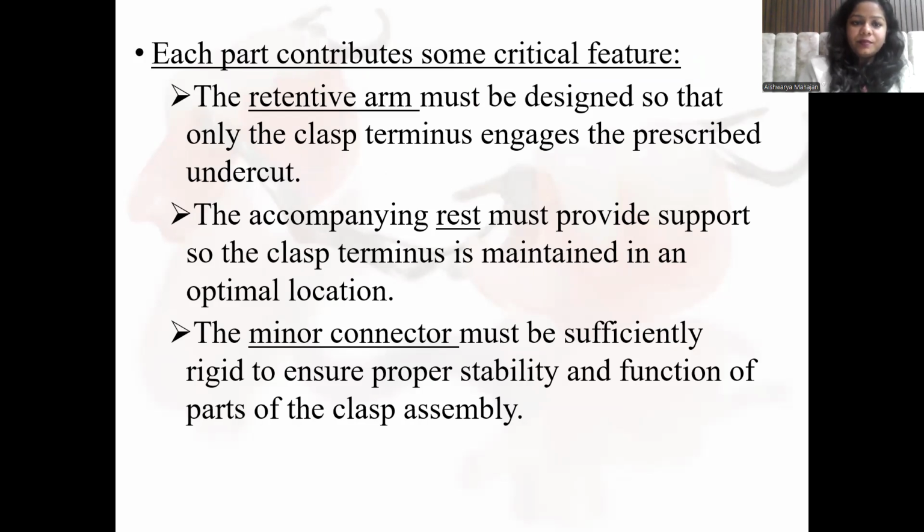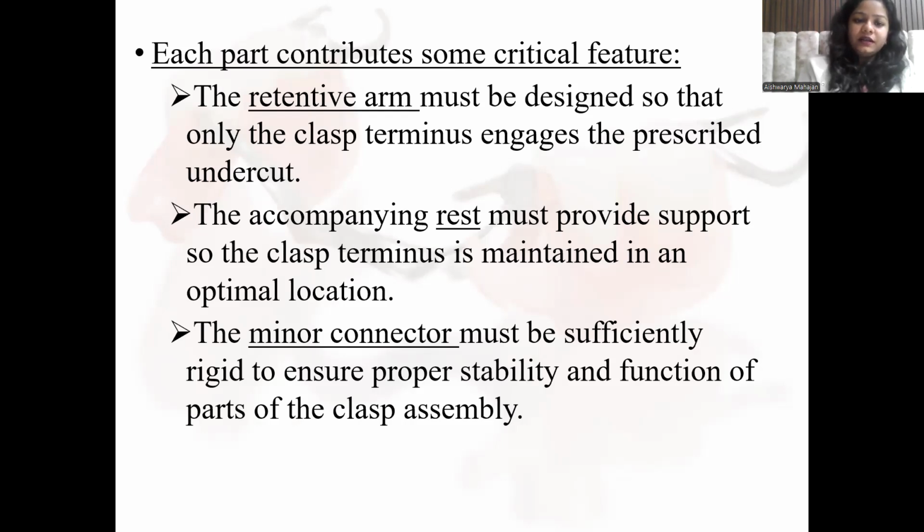The retentive arm must be designed so that only the clasp terminal engages the prescribed undercut. The accompanying rest must provide support so the clasp terminus is maintained in an optimal location.